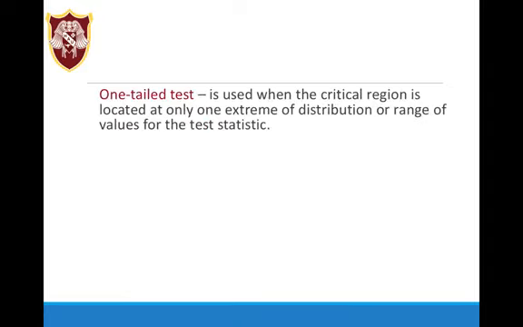A one-tailed test is used when the critical region is located at only one extreme of the distribution or range of values for the test statistic. A one-tailed test is appropriate for a directional hypothesis.